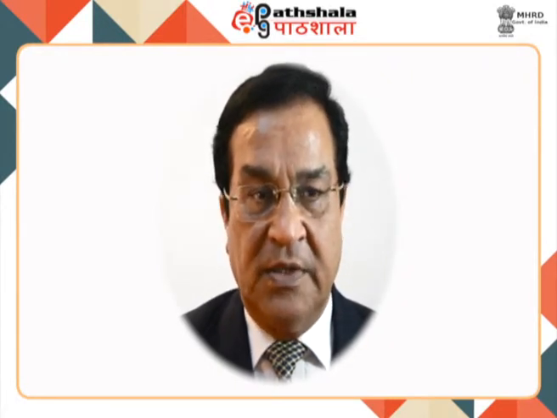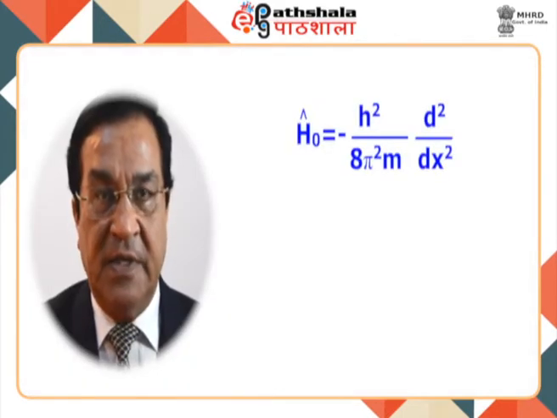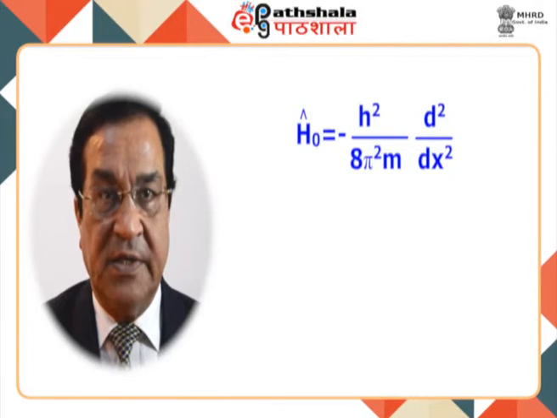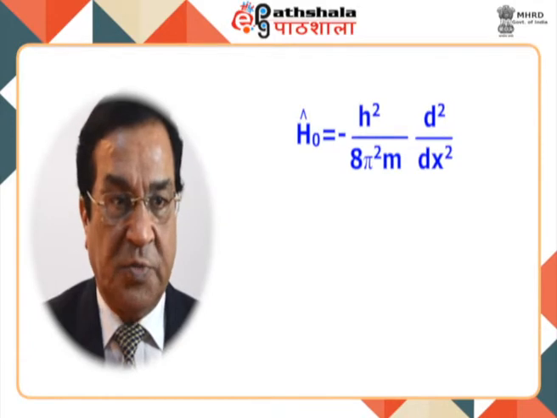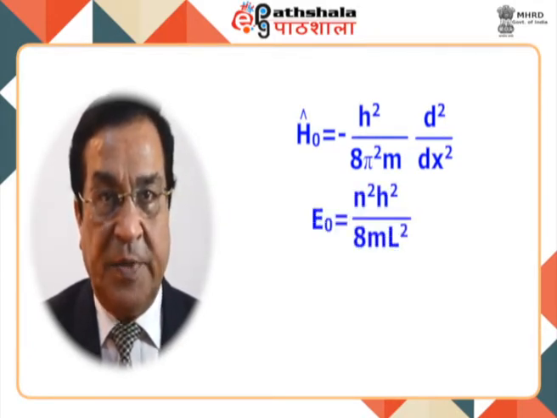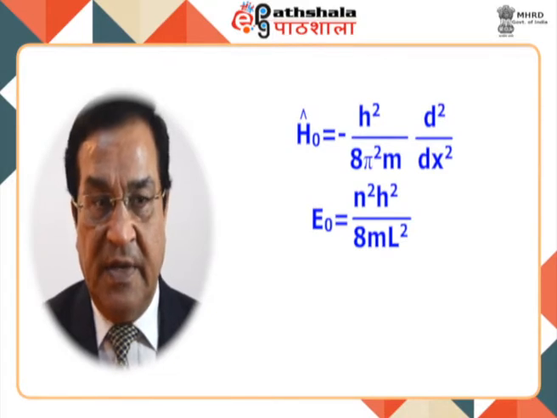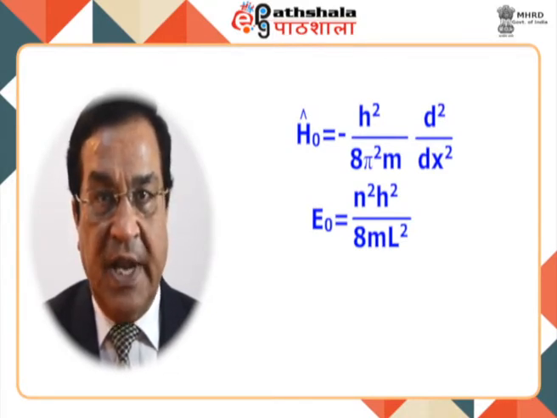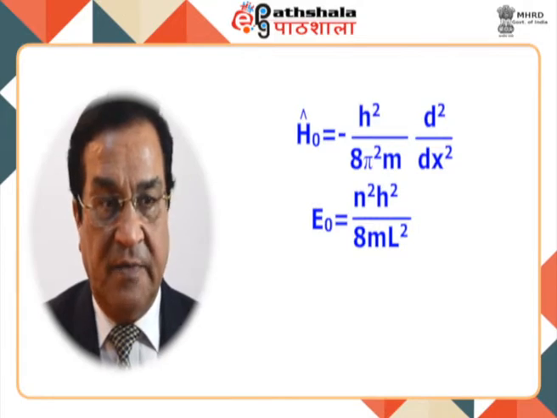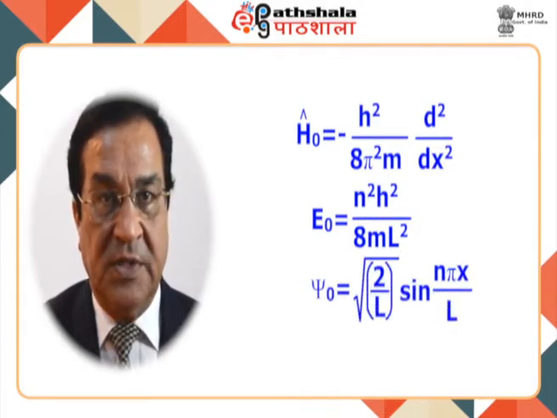There, as you know, the Hamiltonian H0 cap is equal to minus h square upon 8 pi square m d2 by dx2, and the corresponding energy expression is E0 equals n square h square upon 8 m L square. Here L is the length of the box and m is the mass of the particle. The corresponding wave function psi 0 is equal to square root of 2 by L times sine n pi x upon L.